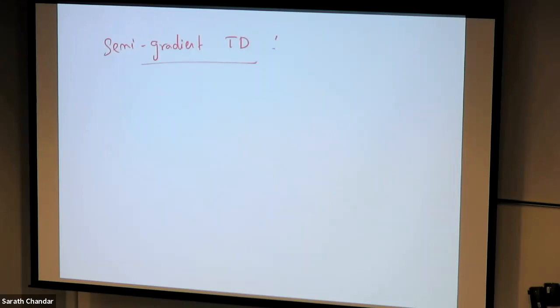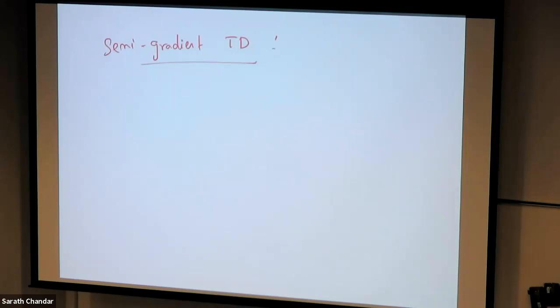There was this question whether semi-gradient TD would converge, right? As I mentioned before, in the case of linear function approximation, it would converge, okay? But the solution that it converges to is going to be different from the solution that Monte Carlo gradient would converge to, okay?